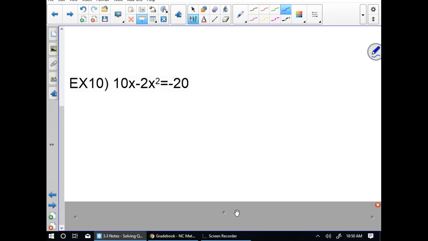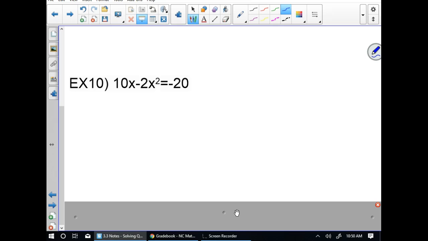Now, really, it would be in your best interest here just to divide everything by 2 right from the beginning. But because I want to show you something about simplifying your final answer, I'm not going to do that for this problem. Okay? So maybe you didn't recognize that it would all divide by 2, or maybe you just didn't want to.